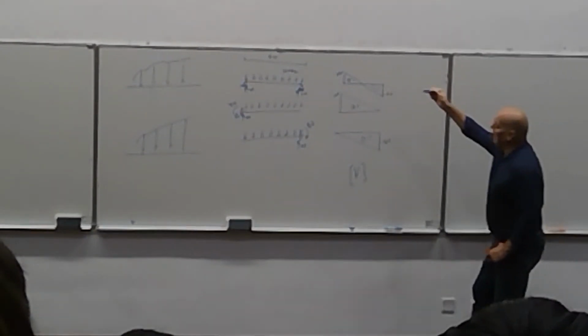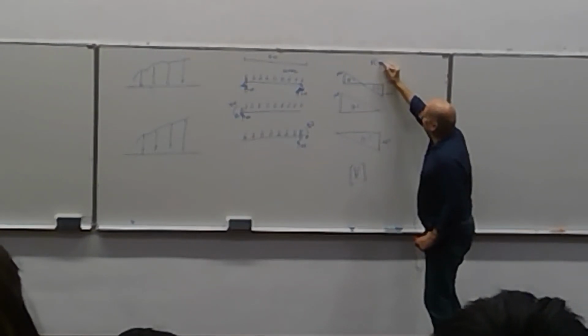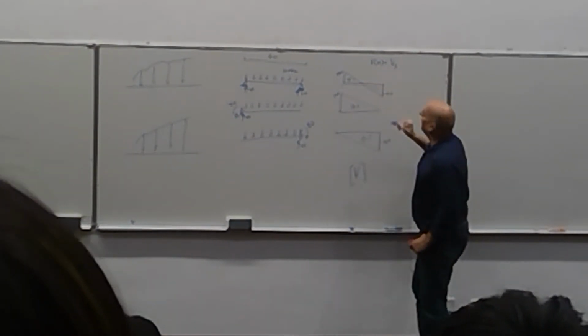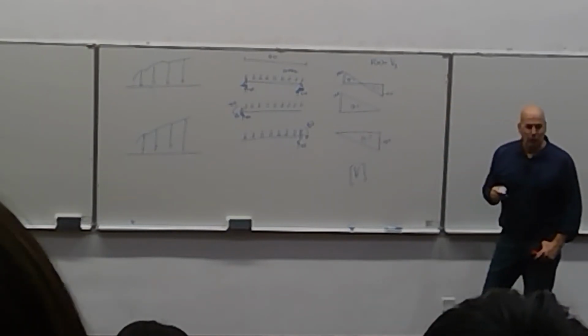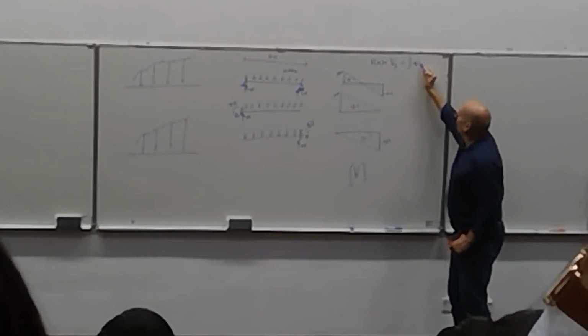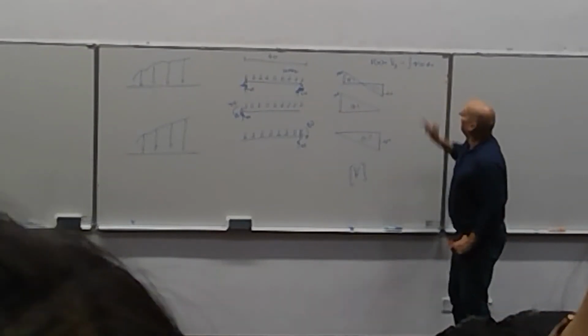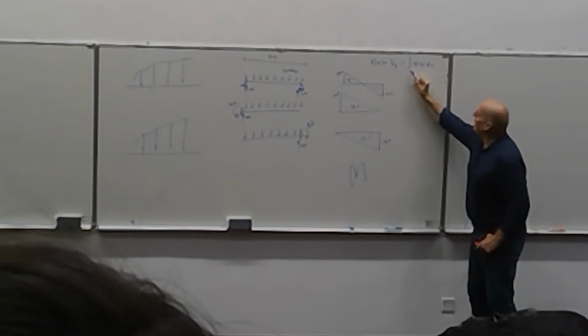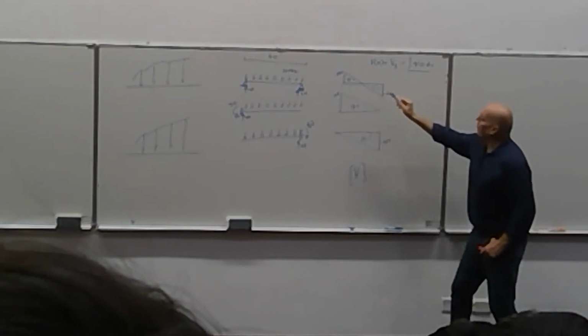Why do they differ only by a constant? Because for any of these cases, the expression for the shear is whatever the shear was at point 1, minus the integral of q of x dx. This term, the integral of q of x dx, was the same for any point.